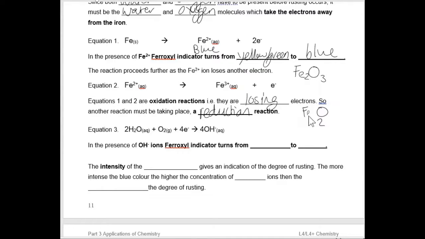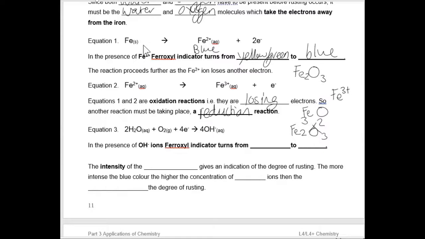Iron, well, it's a transition metal. So to get this formula, you cross them over. So iron would be Fe2, see where the 2 came from, and your O3 meant that 3 was the valency of this iron, this transition metal. That means that at the end of our story, when we have rust, we have Fe3+.